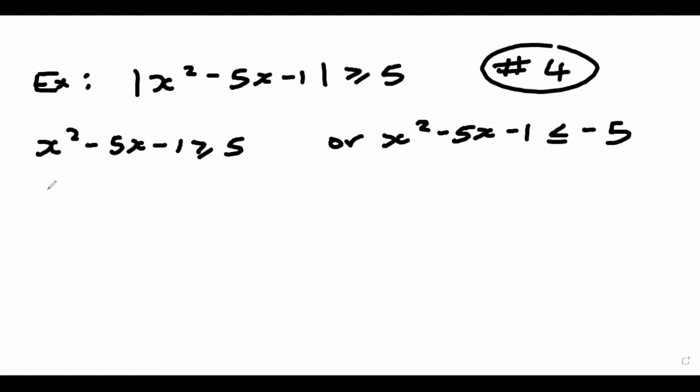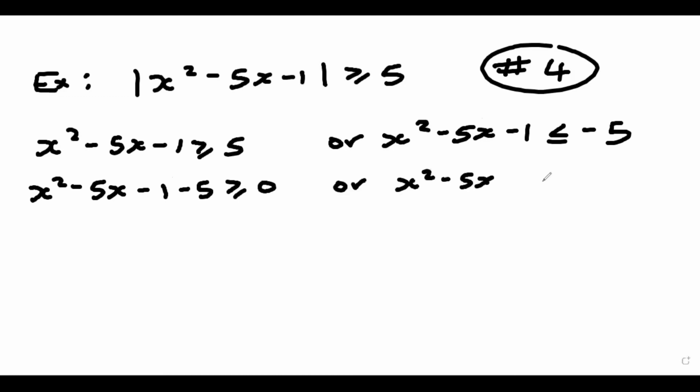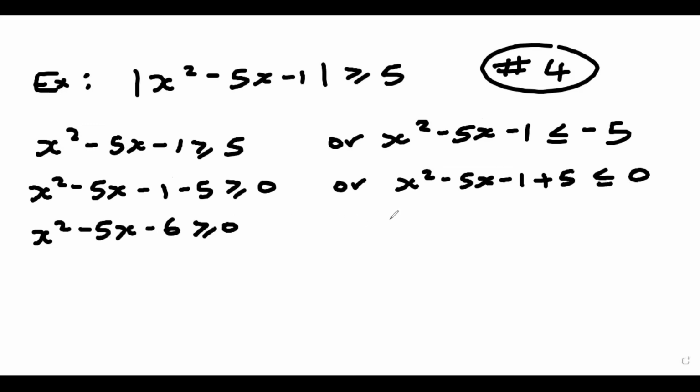So here we have x squared minus 5x minus 1 minus 5 greater than or equal to 0, or x squared minus 5x minus 1 plus 5 less than or equal to 0. So we have x squared minus 5x minus 6 greater than or equal to 0, or x squared minus 5x minus 4 less than or equal to 0.